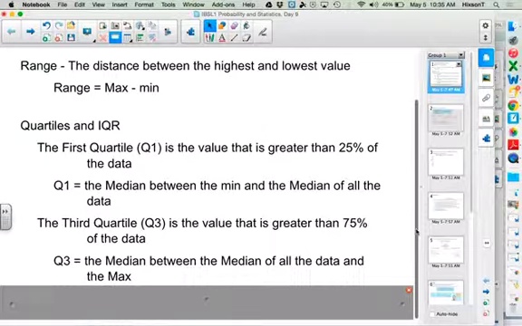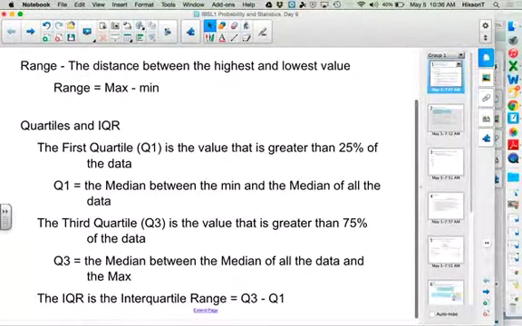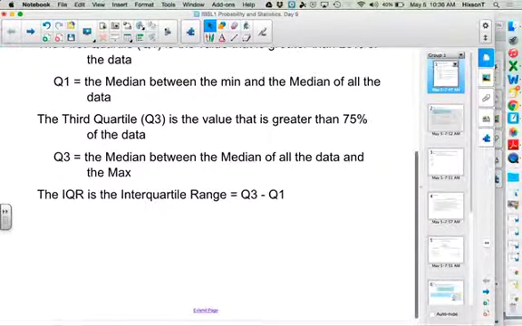The IQR is what's known as the interquartile range. It's the range between the first and the third quartiles. We said range was the distance between the min and the max.